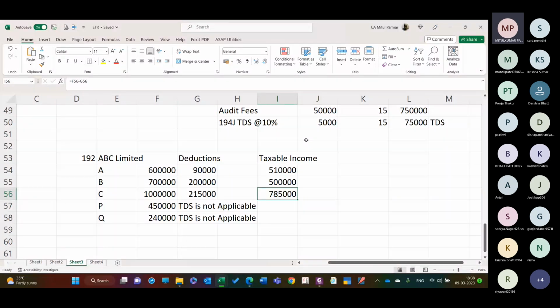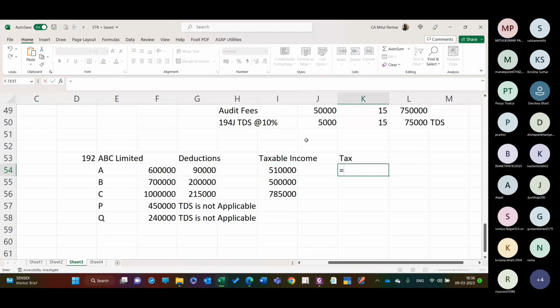As all three are claiming the deductions, they are in the old regime, and this is the tax liability. So what is the tax on it? If you look at that, up to 2.5 lakh, no tax. 2.5 lakh to 5 lakhs, 5%, and above 5 lakhs, that is 10,000.